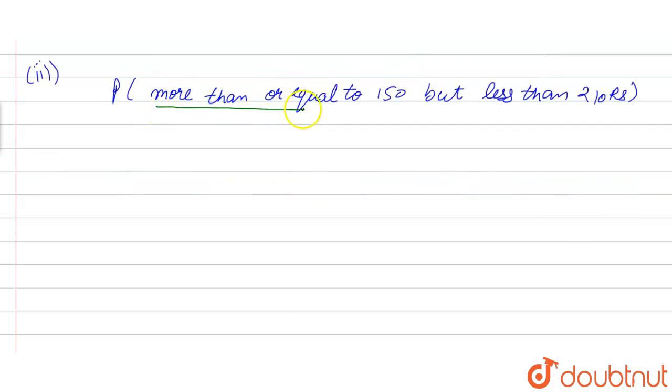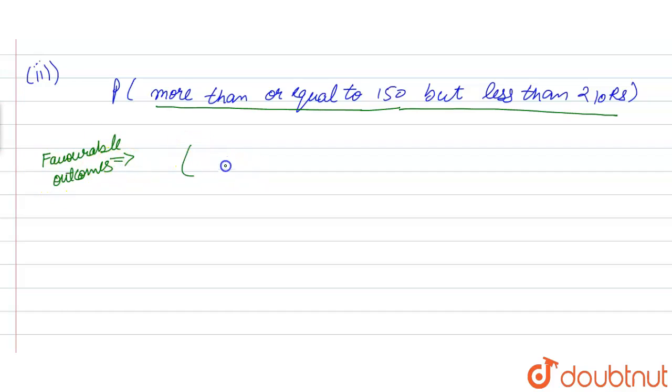This statement means the worker should have a wage more than or equal to 150 but less than 210. So favorable outcomes will include 150 to 170, plus 170 to 190, plus 190 to 210, because the wage should be less than 210.